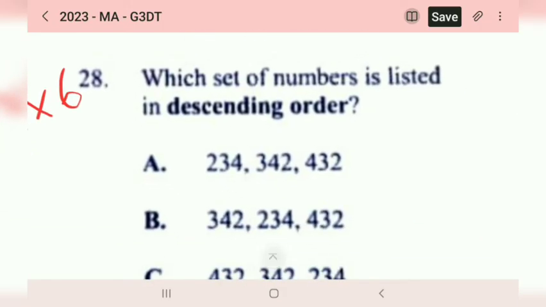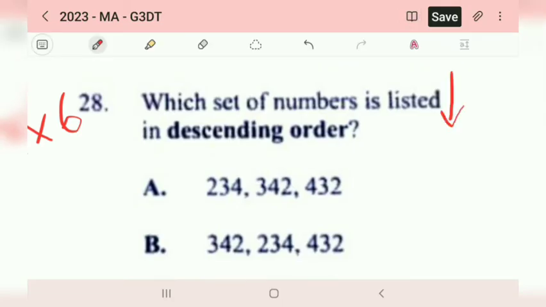28. Which set of numbers is listed in descending order? I have not seen this word in a long time. Descending means from the largest to the smallest. It's like you're going from top to bottom. If you're descending the stairs, you're going from the top step down to the bottom step. So which is from the biggest to the smallest?